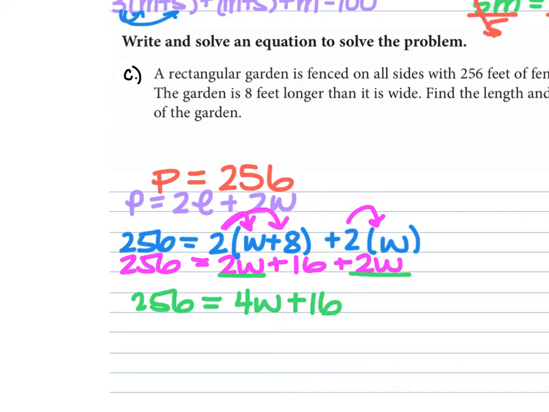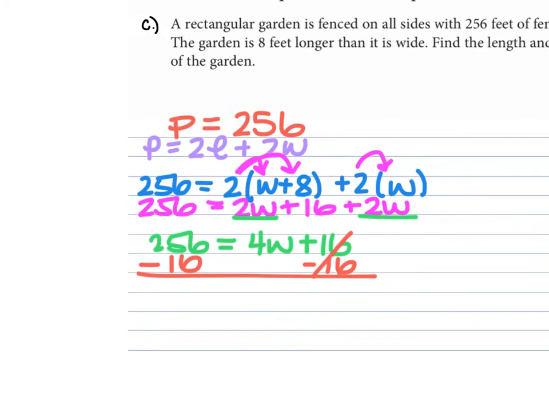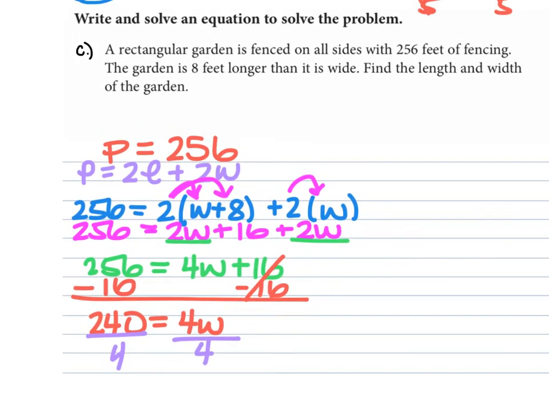We're going to move the 16 over first by subtracting it from each side. And we get that 240 is equal to 4W. Then we're going to divide by 4 on both sides to get that W is equal to 60 feet.